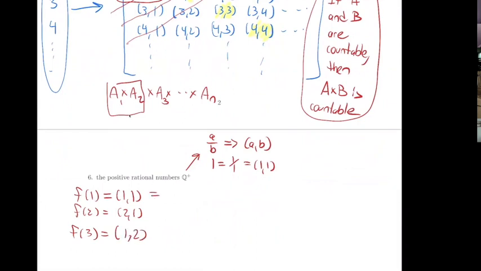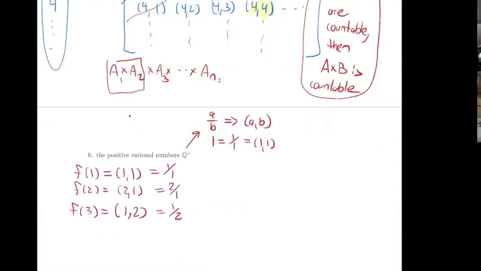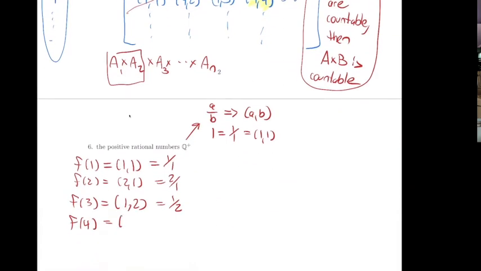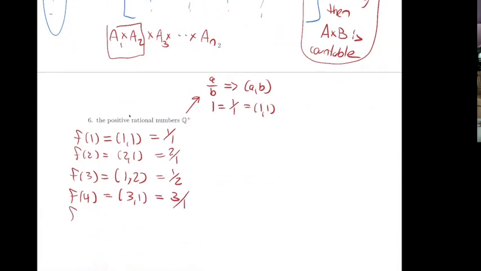So far, as rational numbers, these are all different. And then I'm going to say f of 4 is going to go down to the diagonal, 3, 1. That's also a different number.